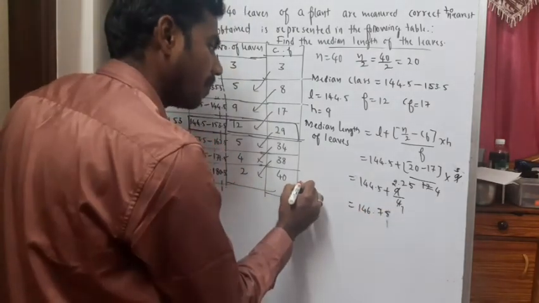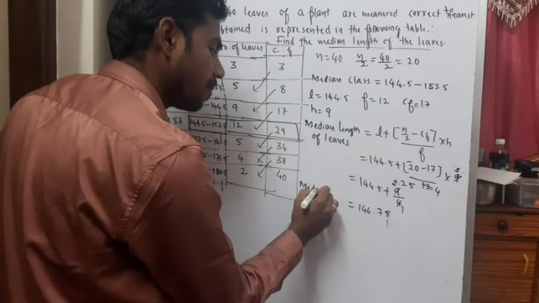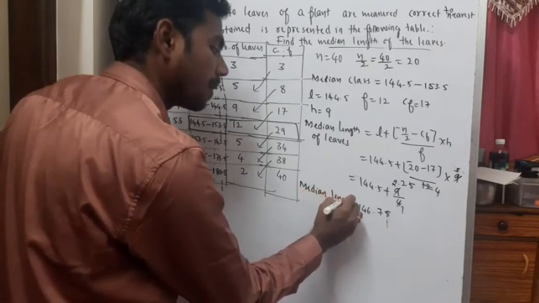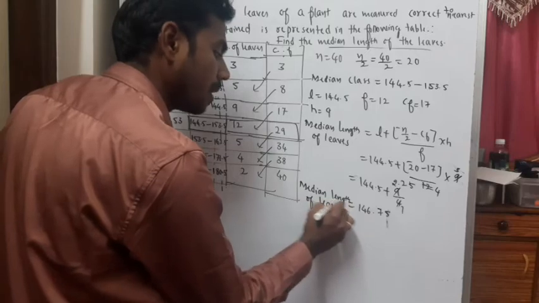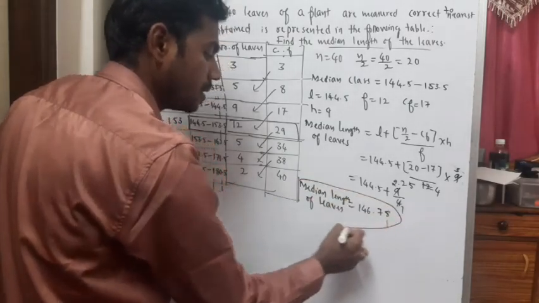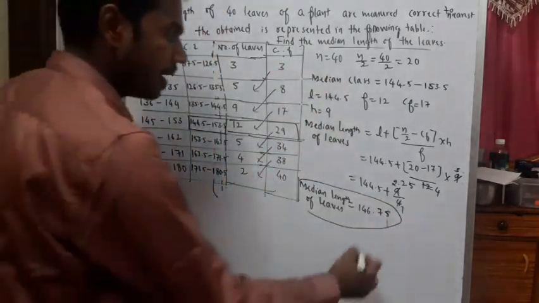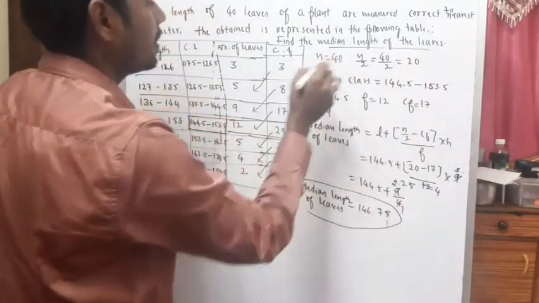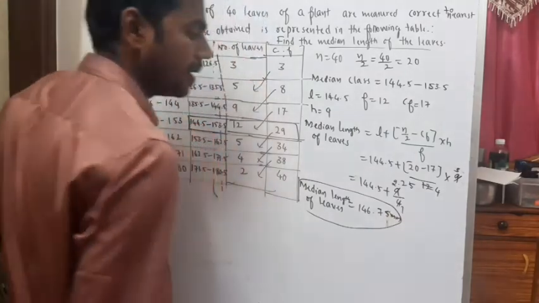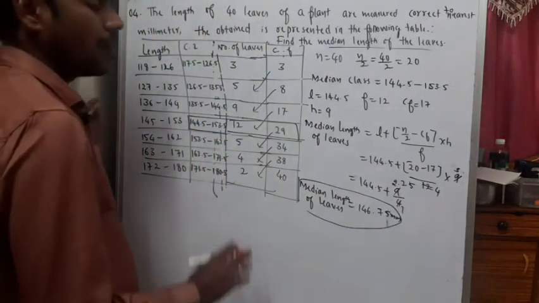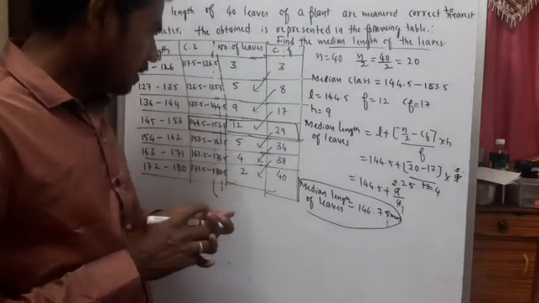So the median length of leaves is equal to 146.75. All the dimensions are in mm, so this is 146.75 millimeters. Fine. So what was the twist?